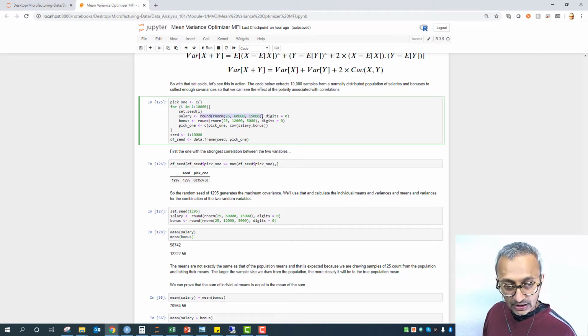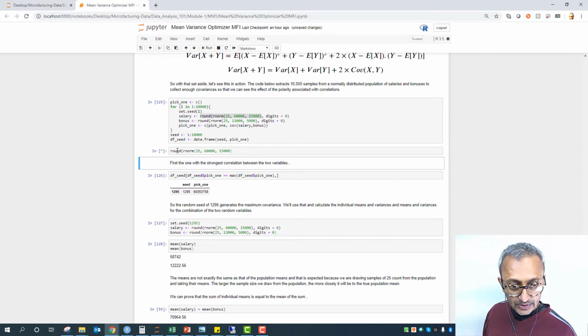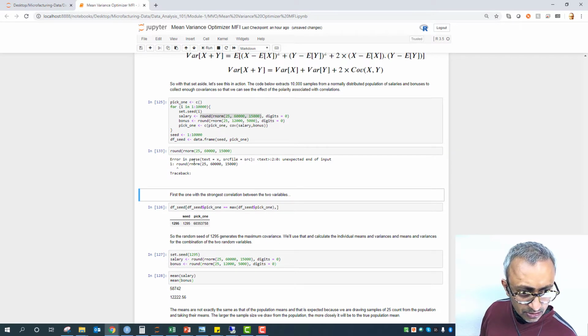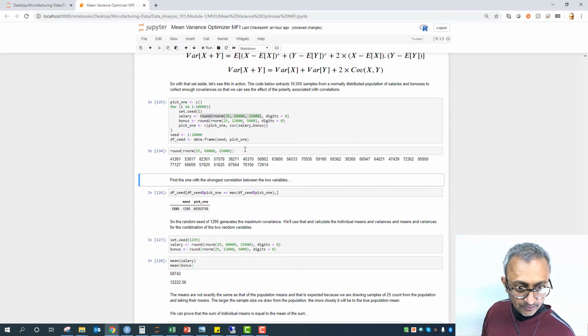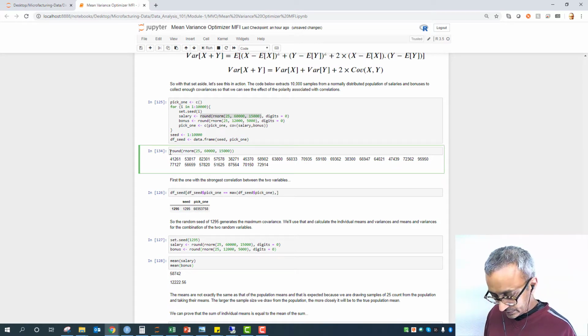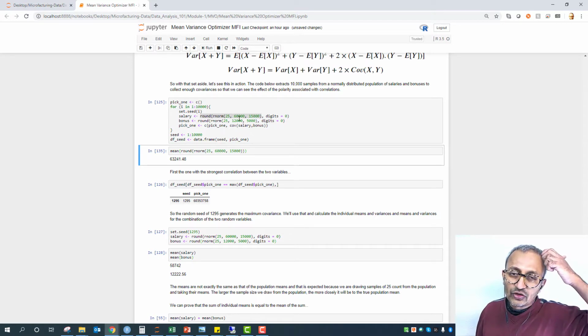When I take this and run this, you see, if you take the mean of this, you'll get around $60,000, which makes sense, right?